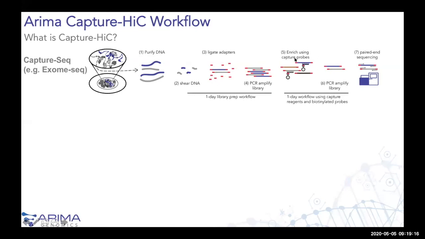And then at that point, before you would sequence, you introduce these biotinylated oligonucleotides that hybridize to the exome, for example, and then you can capture those hybridized molecules using streptavidin beads and enrich your genomic DNA library for the sequences that you want to capture, like the exome. Then you amplify and then you sequence. So that's a typical capture sequencing protocol.